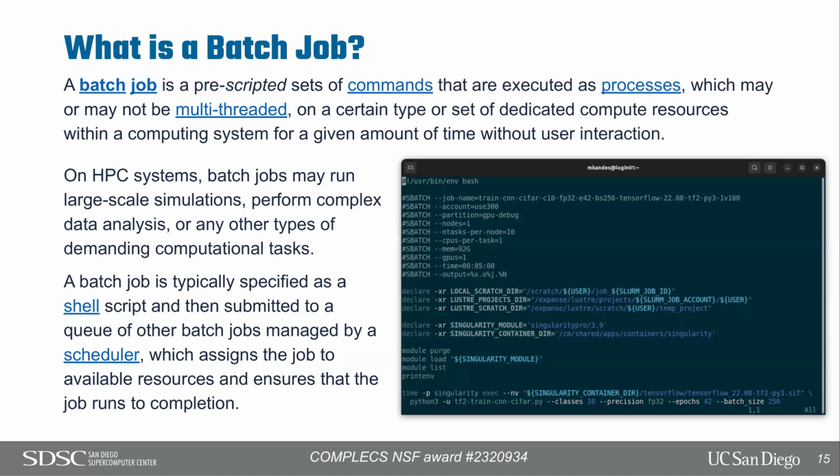So just as a reminder, this is the definition of a batch job. It's essentially a prescripted set of commands that you execute as processes on an HPC system. They can be multi-process, multi-threaded.